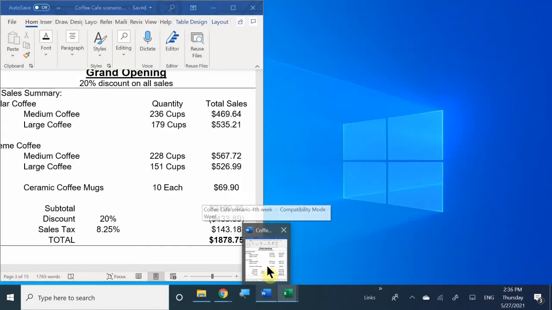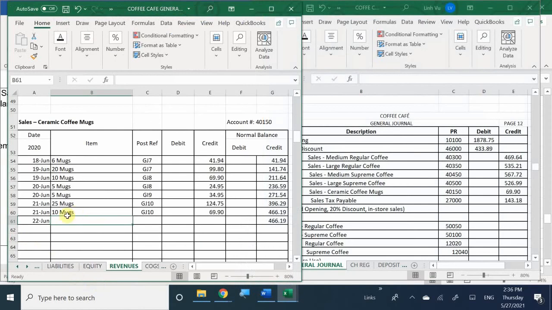You sold 10 mugs. 10 mugs, yes. 69.90. It brings our current balance to $500,536.09. Good.